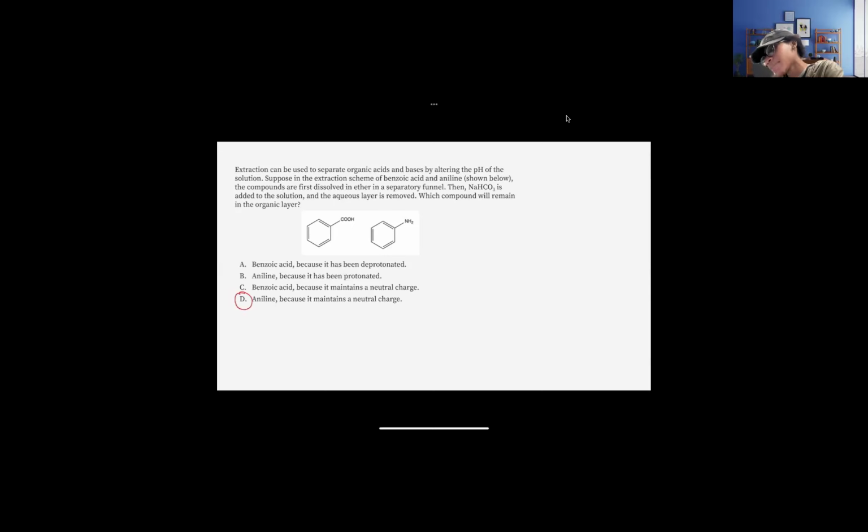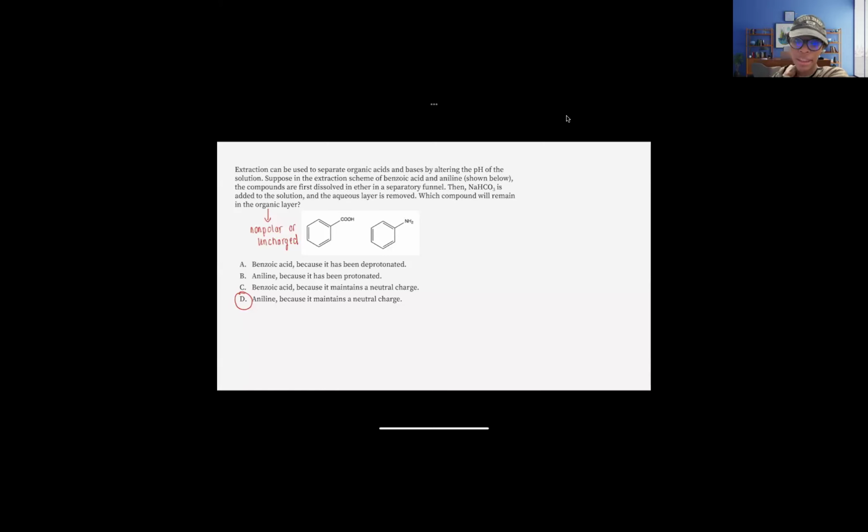So the majority answer was D, and that is absolutely correct. They're asking us which is going to remain in our organic layer. As we said before when we were talking about extractions, your organic phase is going to be your non-polar or uncharged molecule. And what happens to acids in the presence of bases?